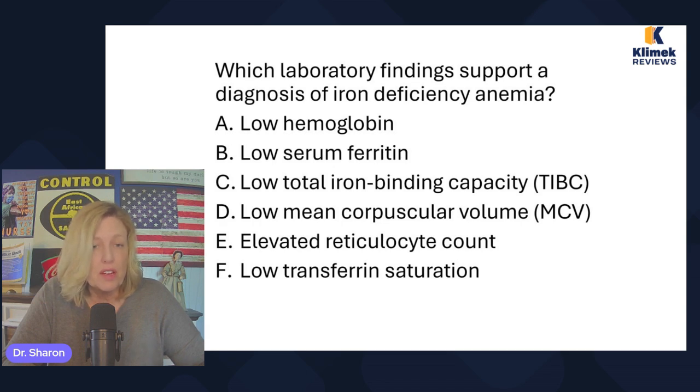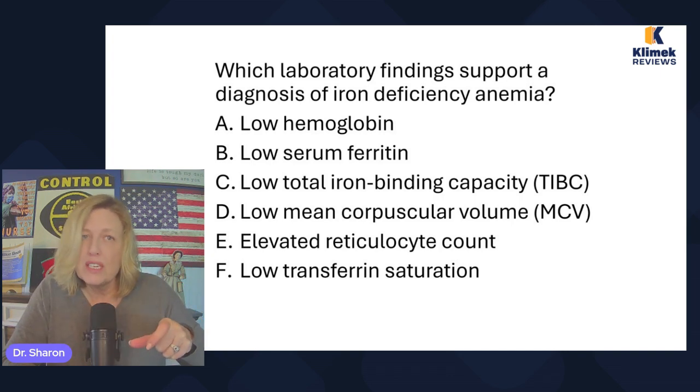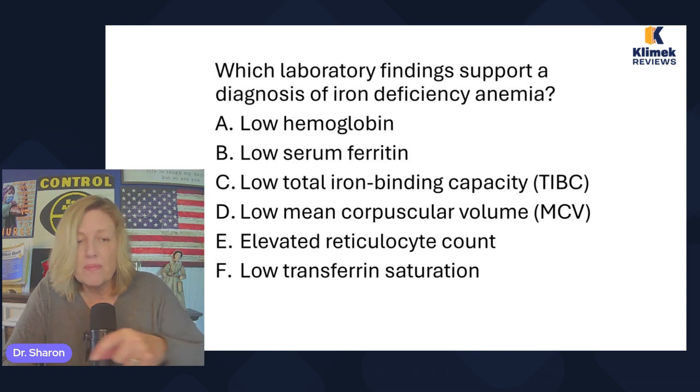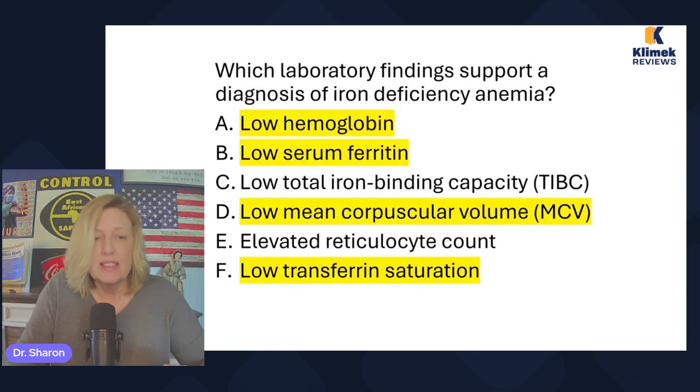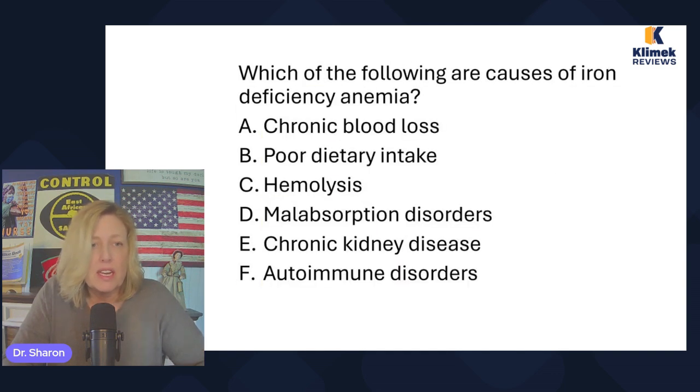Elevated reticulocyte count is not consistent with iron deficiency anemia. And low transferrin saturation. Transferrin is a protein that transports iron. So if you have less iron, you're going to have less transferrin saturation. So those are the lab indicators of iron deficiency anemia.